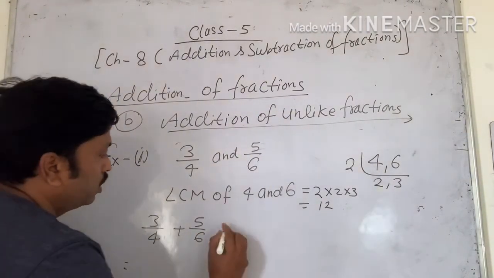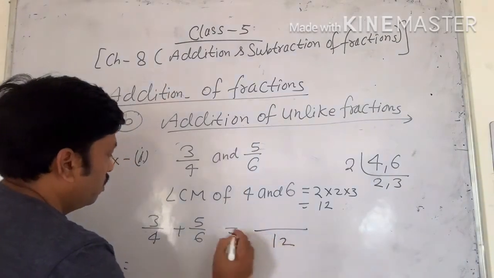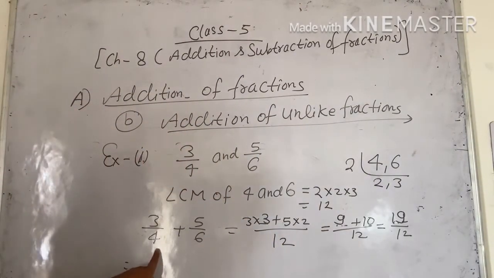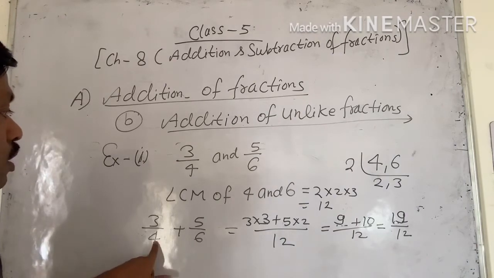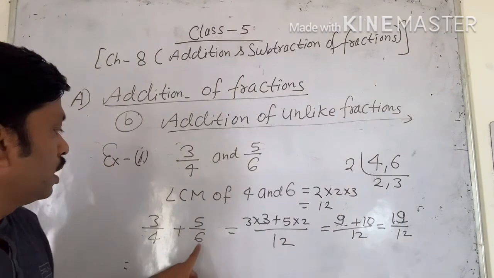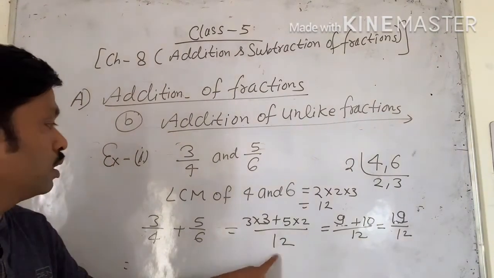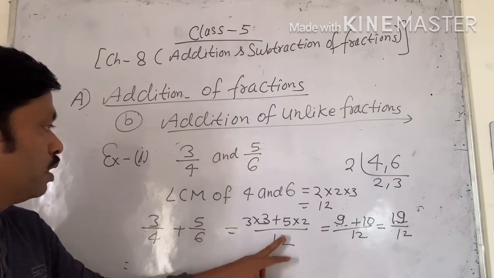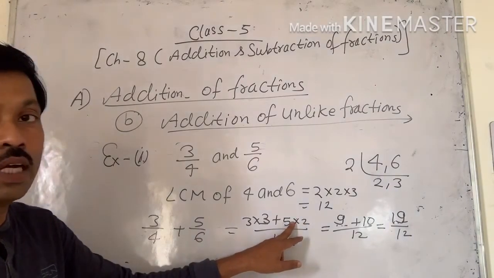In this way we write 12 as the denominator. When we divide 12 by 4, 4 threes are 12, and 3 is multiplied by this numerator: 3 threes are 9. And 12 divided by 6, we get 2, as 6 twos are 12, and now 2 is multiplied by this 5.